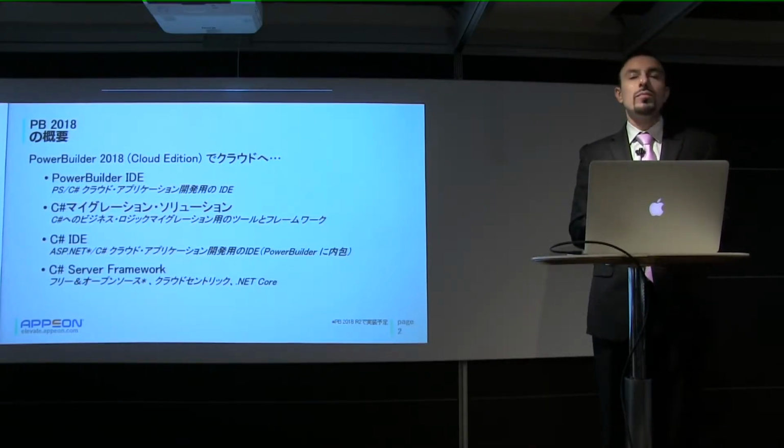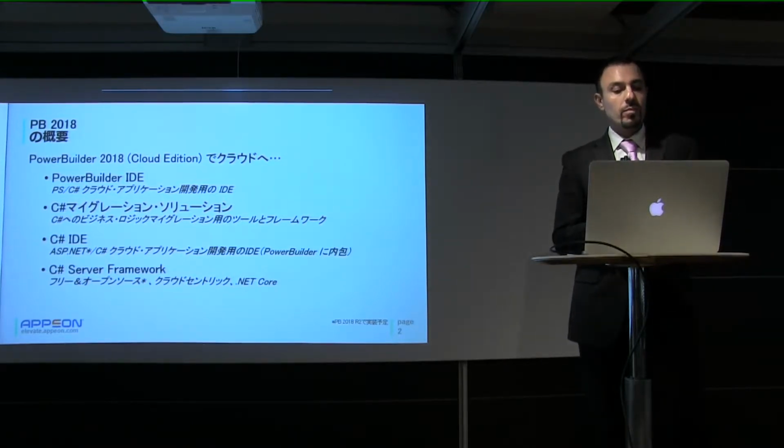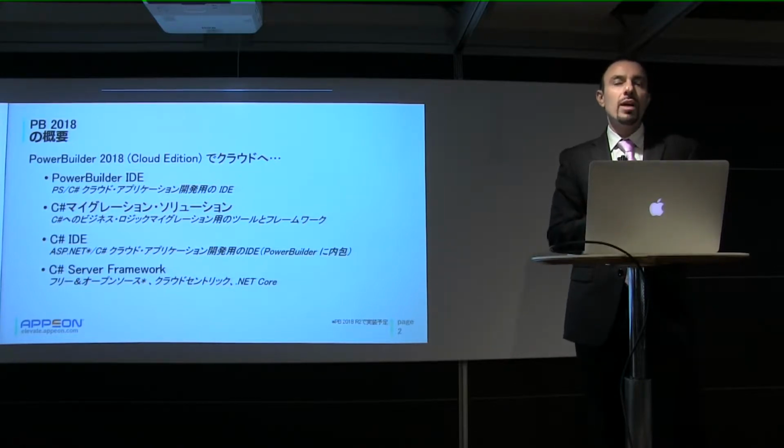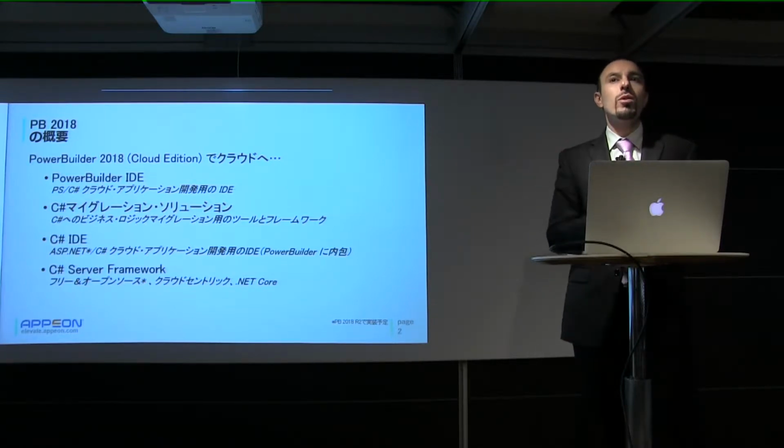The .NET Core is really groundbreaking because it is Microsoft's open source cross-OS version of the .NET framework. It's open source and cross-OS. Now, in terms of the four things PowerBuilder 2018 provides, I think the biggest value is in our C# migration solution and our C# framework.